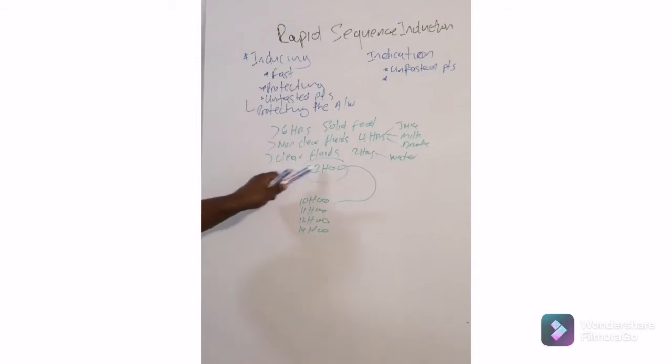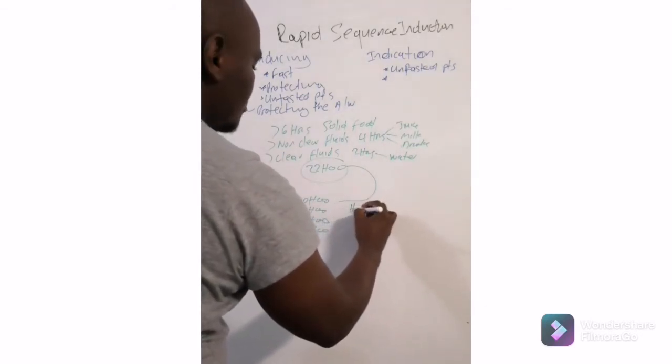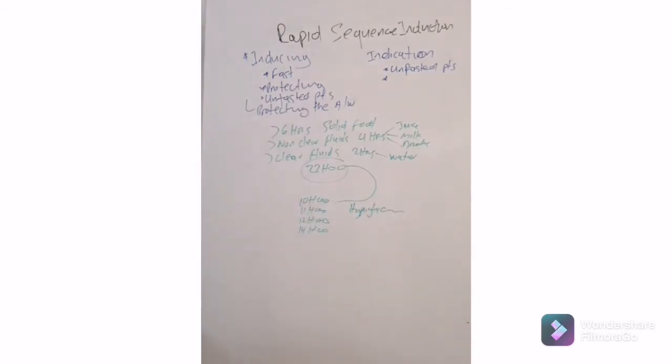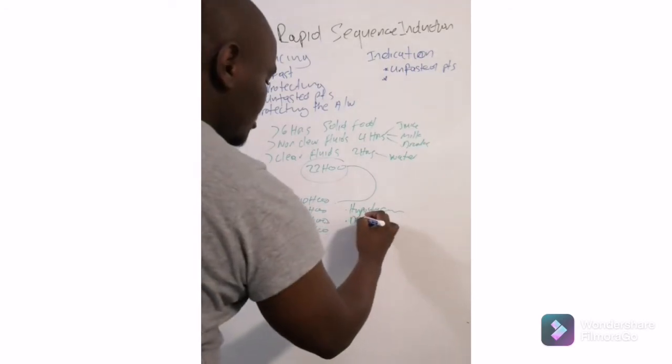Patients usually don't take anything from 10 o'clock until the next morning. The problem with this is that you can have hypoglycemia while waiting for operation. It's possible, but the major problem is dehydration.